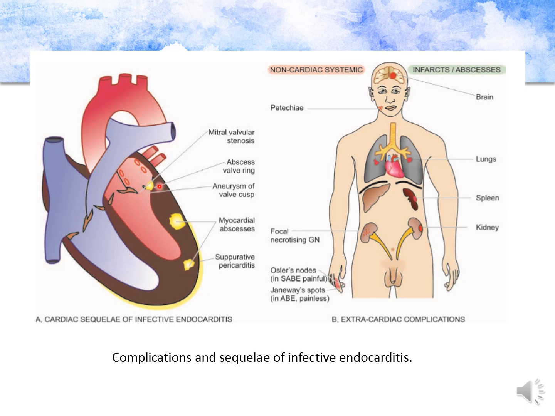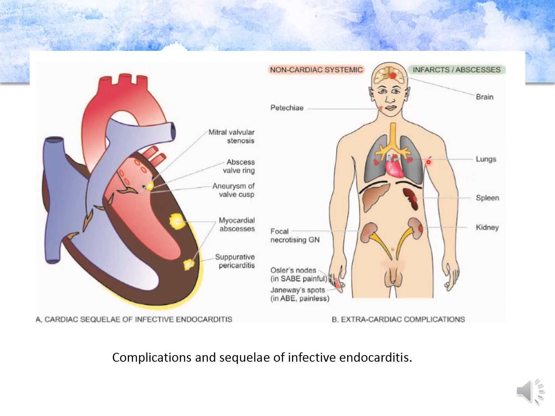We see the abscess of valve ring, aneurysm of valve cusp, myocardial abscesses, suppurative pericarditis, and extracardiac complications within the non-cardiac systemic pathologies like brain infarcts, abscesses, various petechial hemorrhages.